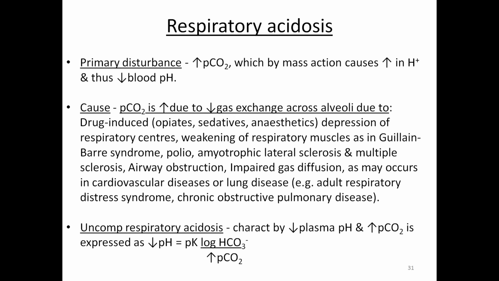COPD is a common example of lung disease in which there is impaired gas diffusion. And uncompensated respiratory acidosis is characterized by decreased plasma pH and increased PCO2, shown by this equation.